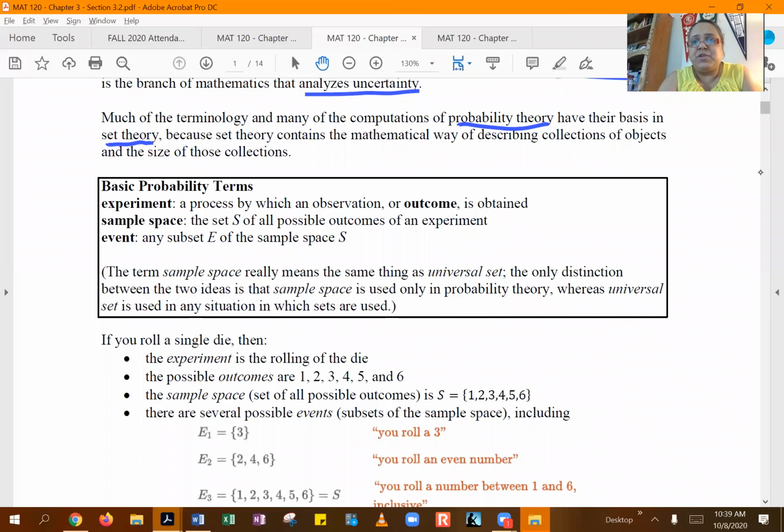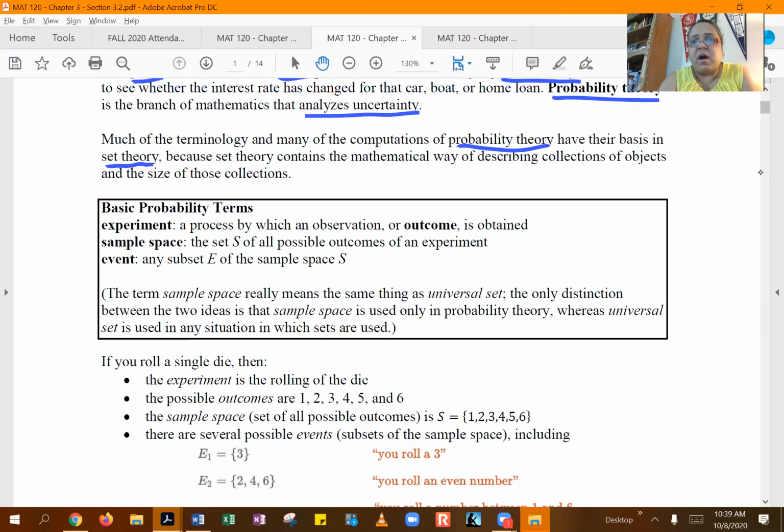So just some terms to be aware of when we are looking at probability. When we're talking about the experiment, that's the process where you are making an observation or getting an outcome from making that observation. A sample space is all the possible outcomes you can get from doing this experiment. An event is a subset of your sample space.